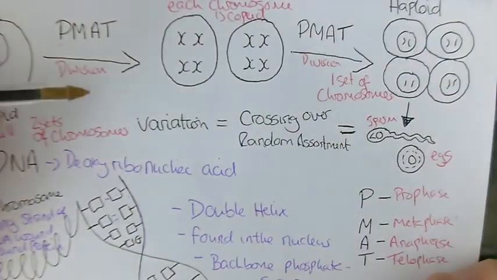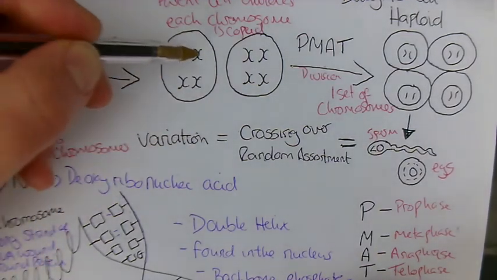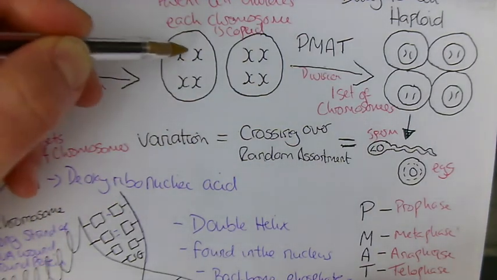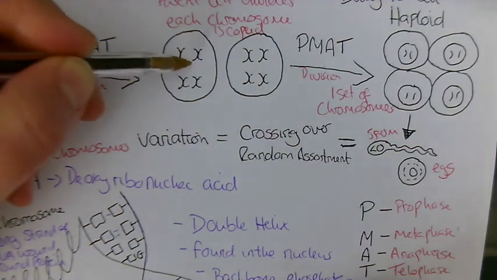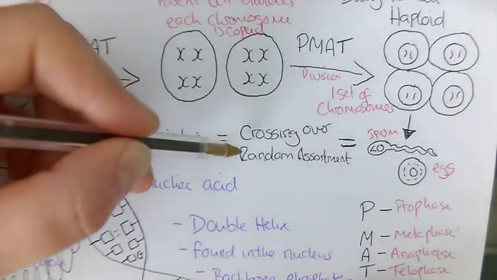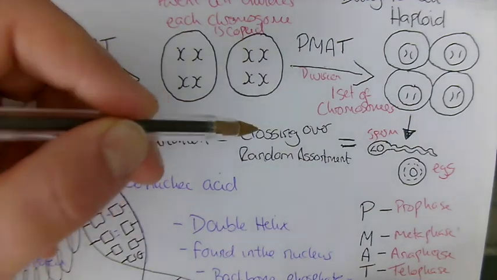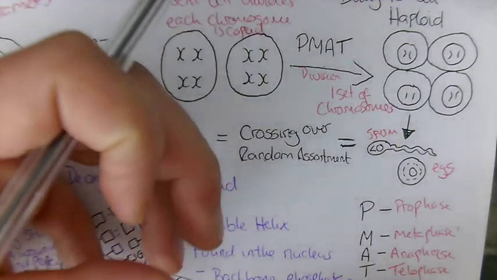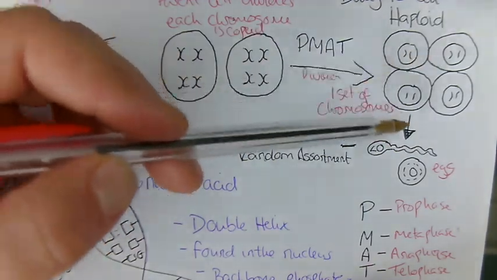We get genetic variation from this process, as sometimes when these line up, the chromosomes can cross over and they swap parts of their chromosomes with one another. It's also random assortment in the way that they line up and the way that they are pulled apart, and the way that they are then put into their final cells.